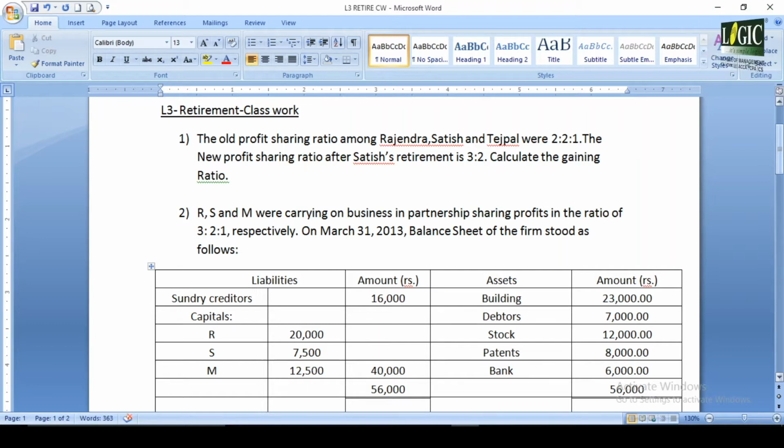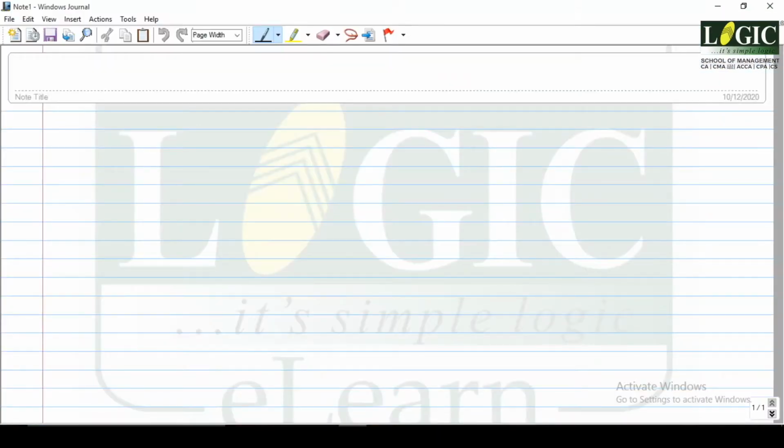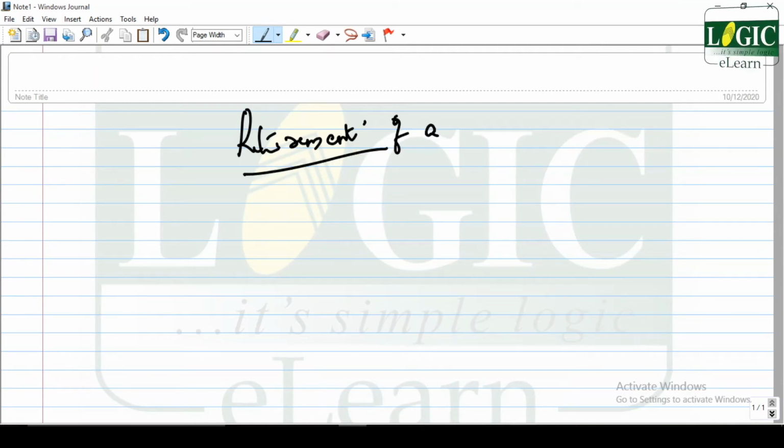Calculate the gaining ratio. Okay, so we will see how it is possible. Retirement of a partner. So we are moving on to the third lesson, the numerical side, retirement of a partner. I hope by this time you might have got the meaning of retirement.